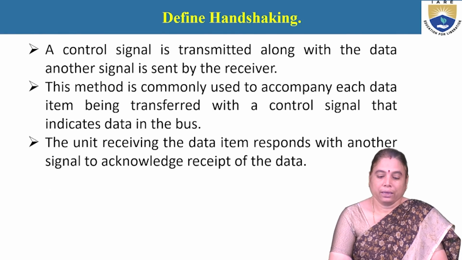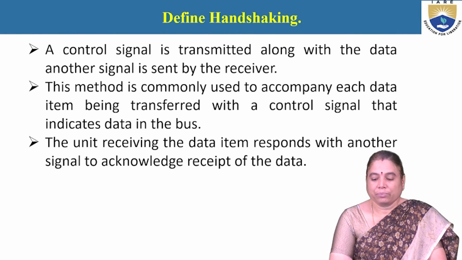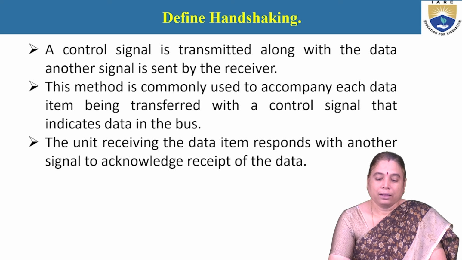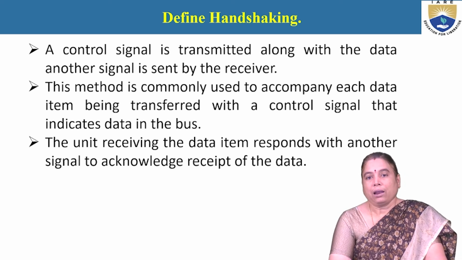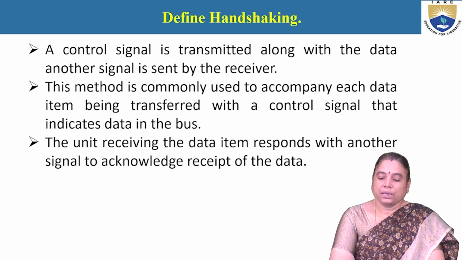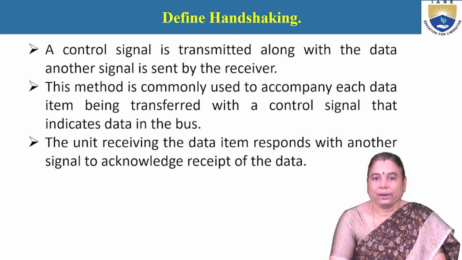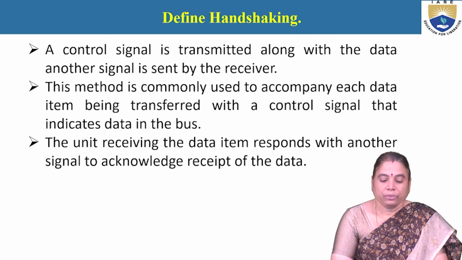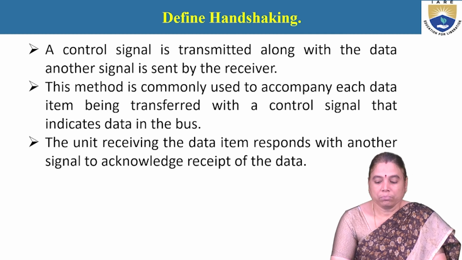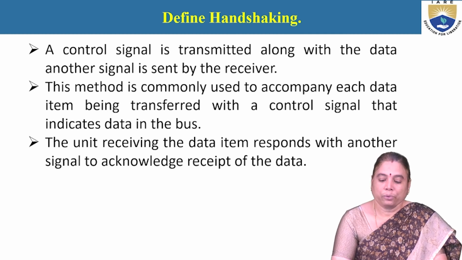Define handshaking. A control signal is transmitted along with the data, and another signal is sent by the receiver. To acknowledge the data transfer, the handshaking mechanism is used. It provides the guarantee that valid data is transmitted and the receiver can send the acknowledgement signal. The unit receiving the data item responds with another signal to acknowledge receipt of the data.